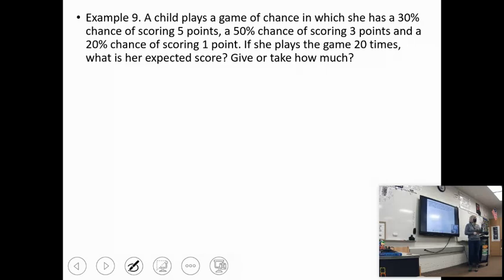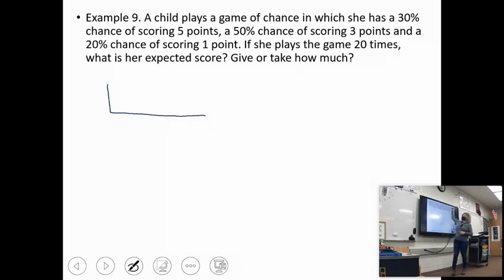What if we make it even easier on ourselves and know that 30 plus 50 plus 20 adds up to 100% like it should. So let's just make the box have 100 tickets since it's percentages, right?